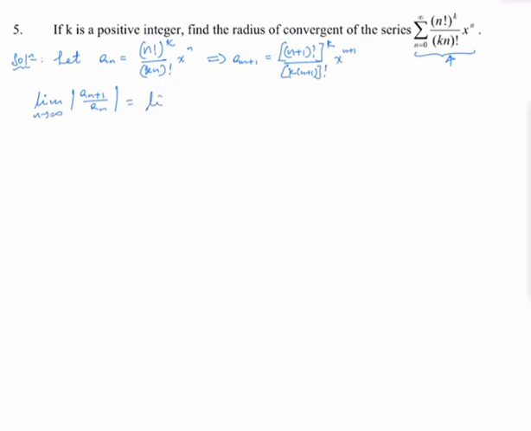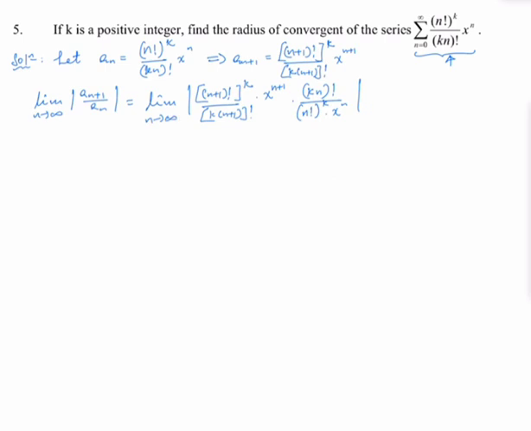This is the same as the limit, in absolute value, of (n plus 1 factorial) to the power of k over (k times n plus 1) factorial, times x to the power of n plus 1, times (k n) factorial over (n factorial) to the power of k times x to the power of n ይሆናል ማለት ነው። So this is as n approaches infinity.